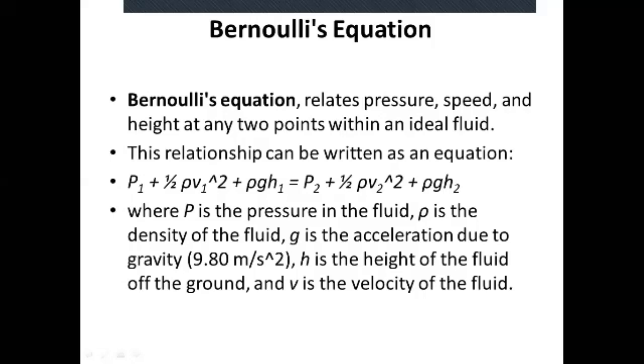Potential energy is mgh, so dividing by volume, mass over volume gives density. Then kinetic energy per unit volume: kinetic energy is half mv squared, and mass divided by volume gives density, so we have a half times density times V1 squared. These are the two main forms of energy. We are adding a third form, pressure energy.